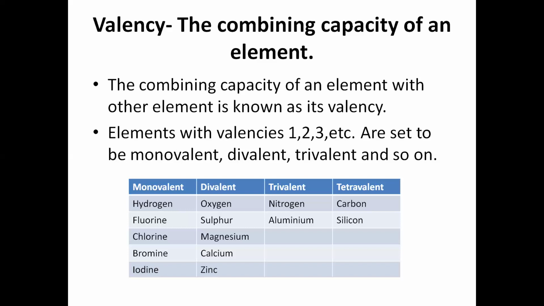One atom of chlorine combines with one atom of hydrogen to form one molecule of hydrogen chloride. So the valency of chlorine is 1.